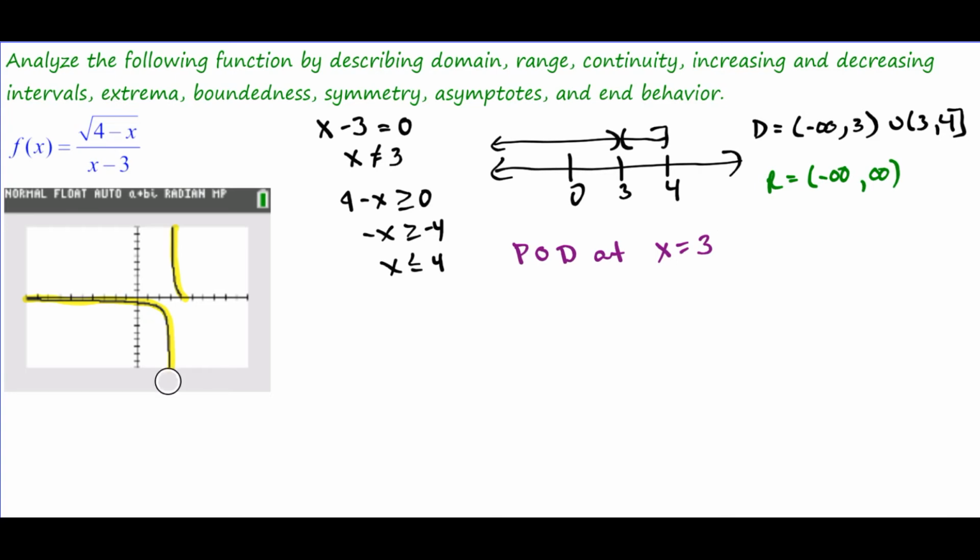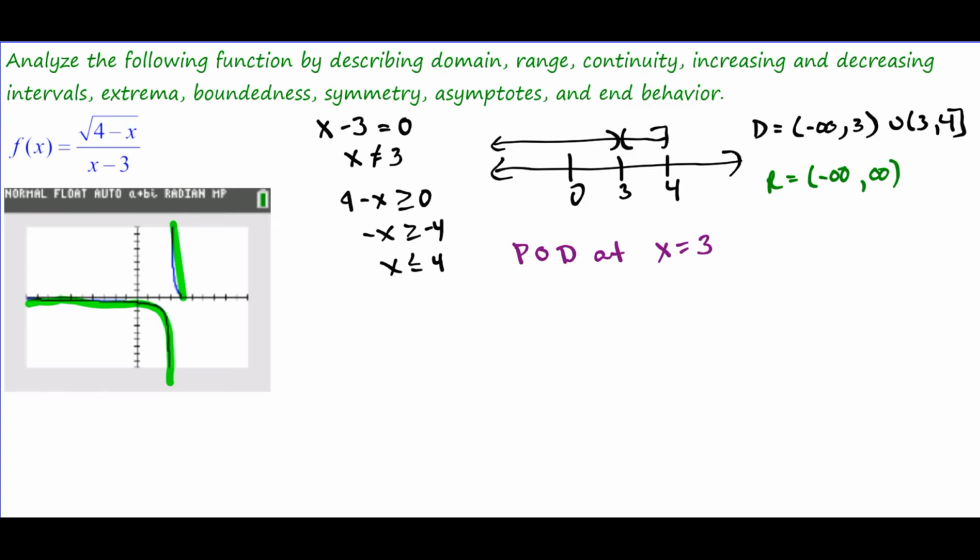Again, we want to look at next where this graph is increasing and decreasing. I'm going to start tracing from the left. As I'm tracing from the left, these y values are getting smaller, so we are decreasing. Then I have to stop where this asymptote would be and jump over it. And then I continue tracing this graph, and it's still decreasing.